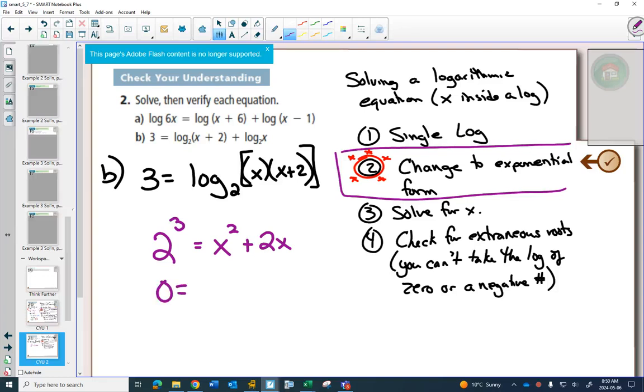How do I solve quadratic equations? I'm going to make one side equal to 0, so I'm going to subtract this 8. And you either have to factor, use the quadratic formula, complete the square, whichever method you like. This one looks like it factors nicely.